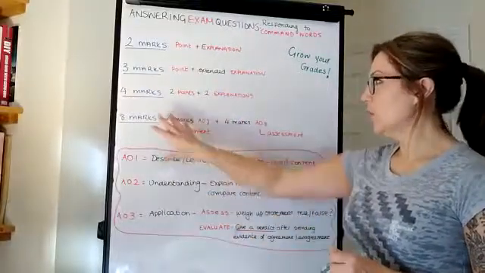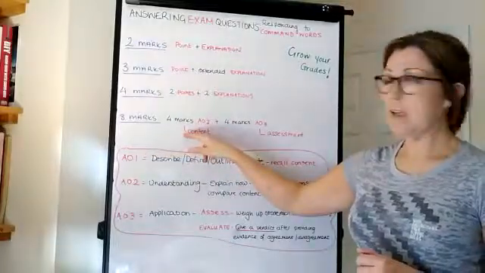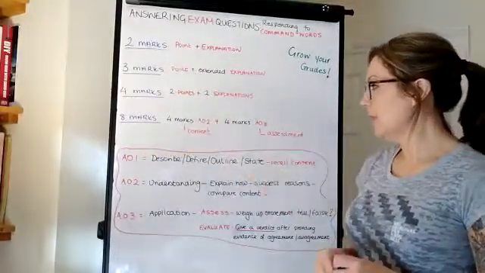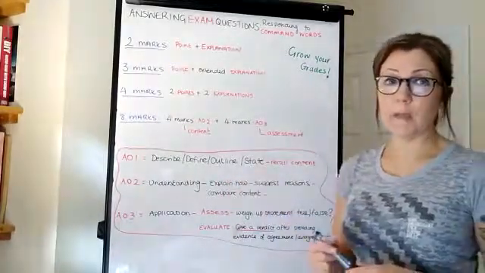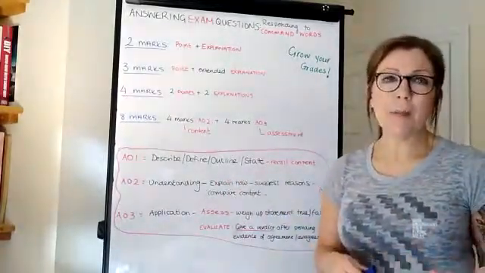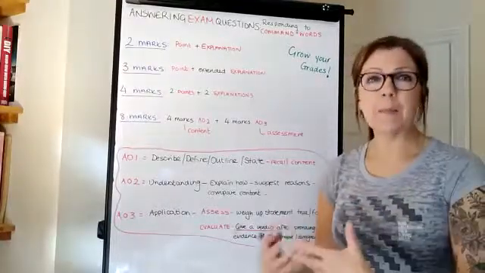Now AO2 can come into 4 markers, but it most definitely comes into 8 markers, and is your understanding. So this is about explanation. Any question that talks about explanation, if you're explaining something, it's not just a case of stating a fact or a figure, you need to explain that process.